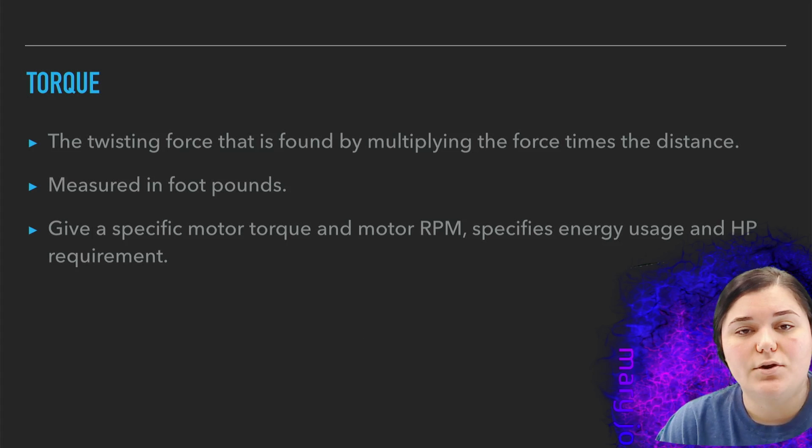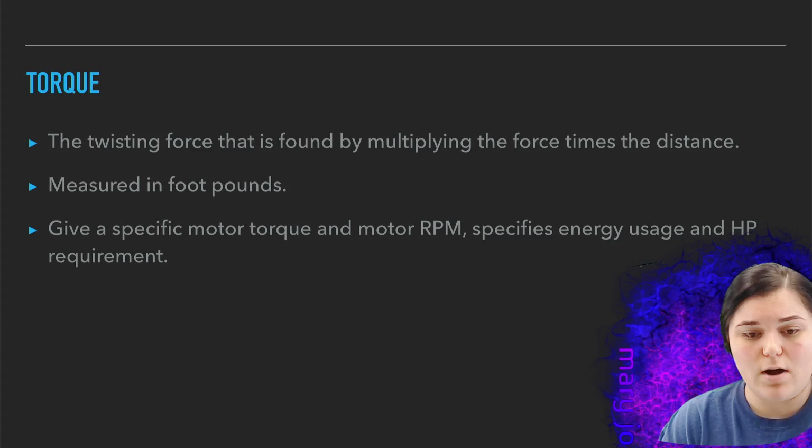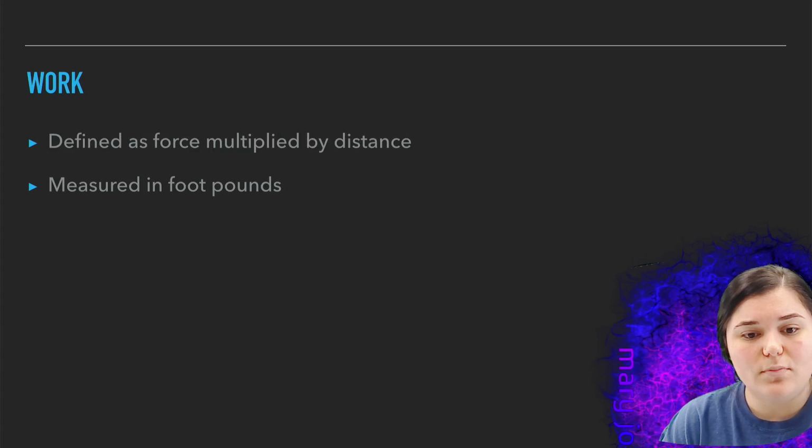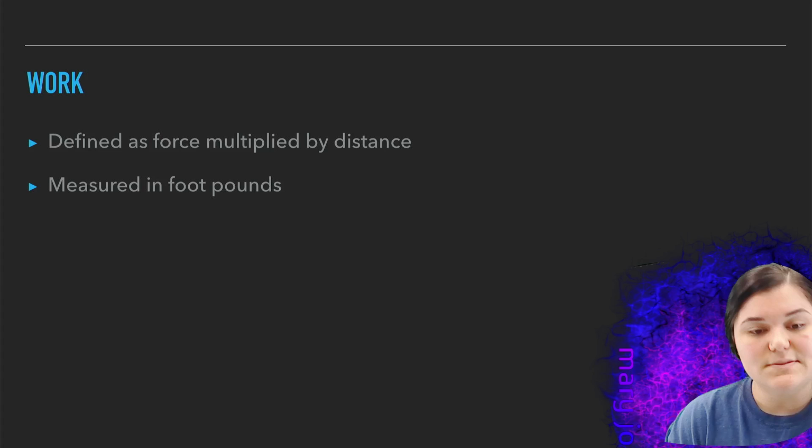Torque, you're going to hear that word a lot in these courses. It's the twisting force that is found by multiplying the force times the distance. It's measured in foot-pounds. It gives a specific motor torque and motor RPM, and specifies energy usage and horsepower requirement. Work is defined as force multiplied by distance, and it's measured in foot-pounds.